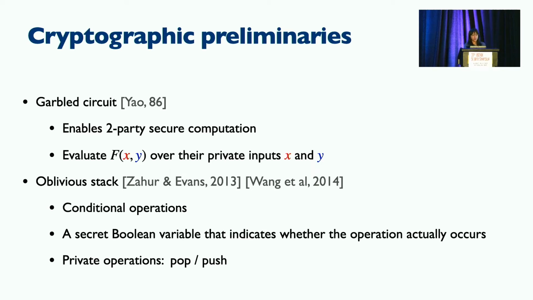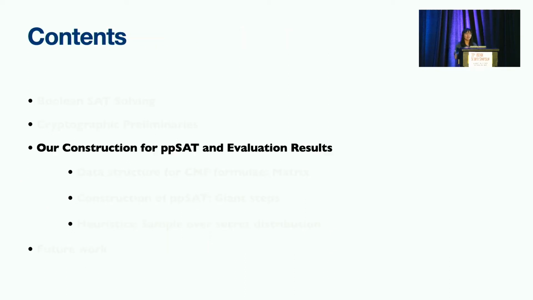We use pop and push operations, and moreover, these operations are conditional operations. It means these operations take a secret Boolean variable as an input, and this variable indicates whether the operation actually occurs or not. Now we have all the things we need to explain the construction of our ppSAT solver.